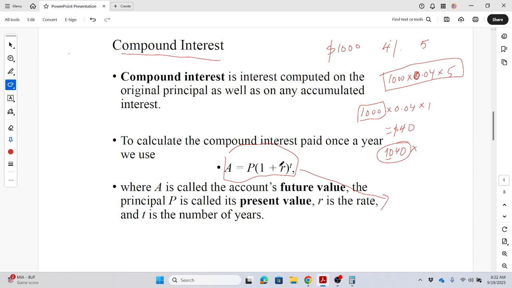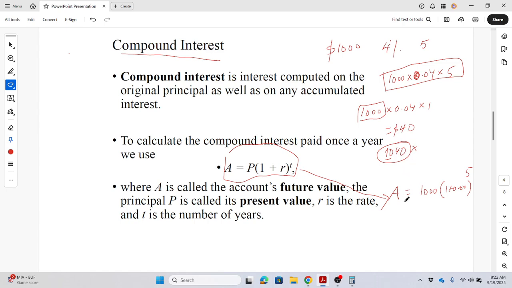Then how do you calculate how much money you are going to get at the end of the 5 years? A, the future value, is $1,000 times 1 plus the interest rate 0.04, to the power 5.